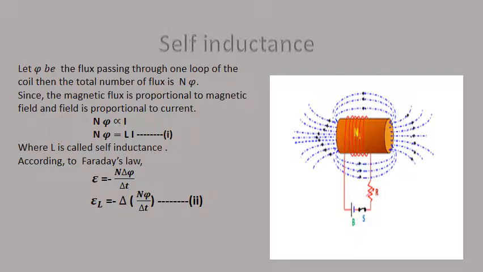So whenever there is a magnetic field, there is changing magnetic flux because of the direction of current: in one loop the direction of current is clockwise, in another loop the direction of current is opposite to that. Because of that, the magnetic flux will be changing. So because of that magnetic flux, there is an induced EMF in that coil.